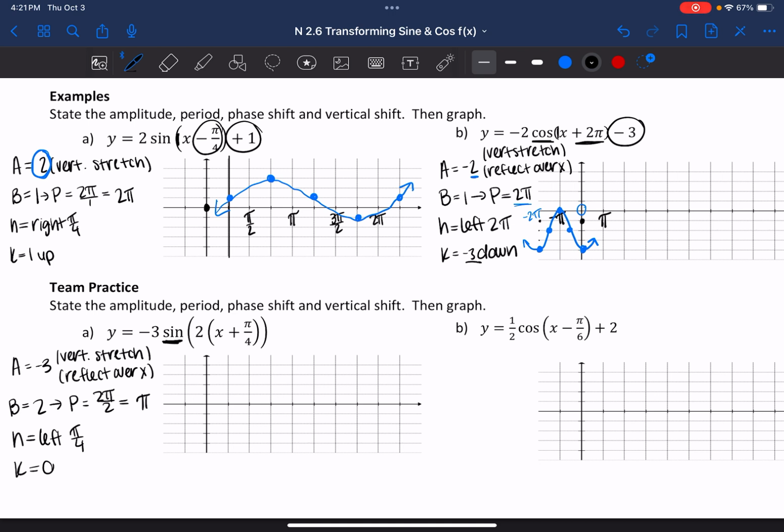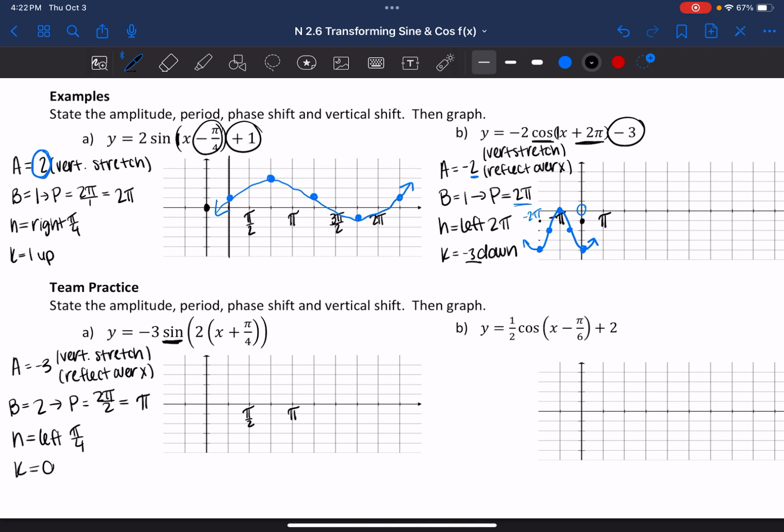All right, so sine normally would start at 0, 0, but it has been shifted left pi fourths. So I'm going to do exactly what I did on the graph right above it and make each line worth pi fourths. So if each line is pi fourths, then this would be pi halves right here, and this would be pi.